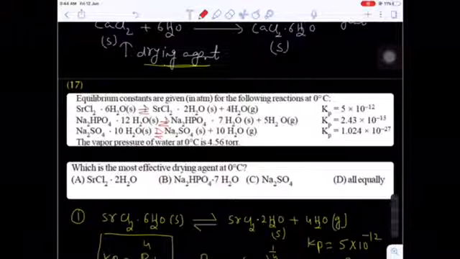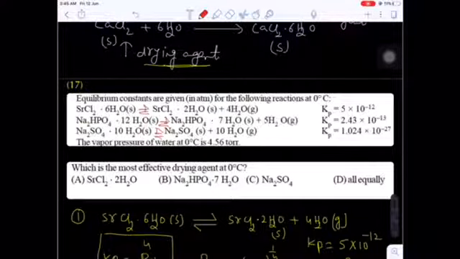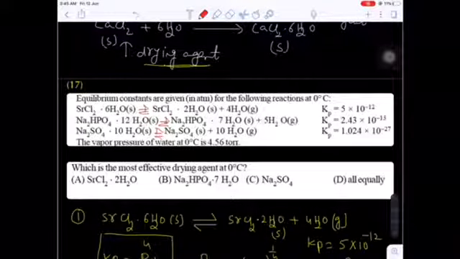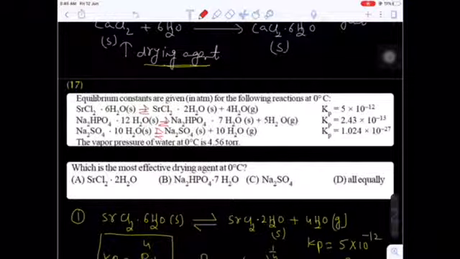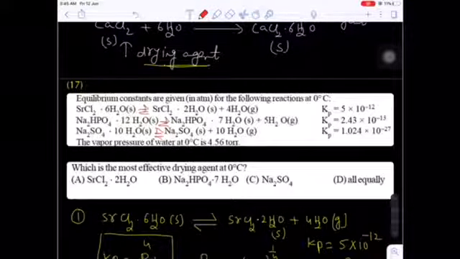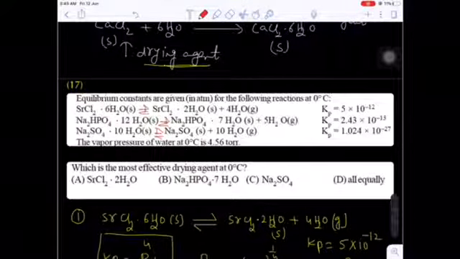In the forward direction, the substance loses water into the atmosphere. That is known as efflorescent. In the backward direction, what happens? The substance absorbs water from the air. That means the backward reaction is of hygroscopic or deliquescent nature.